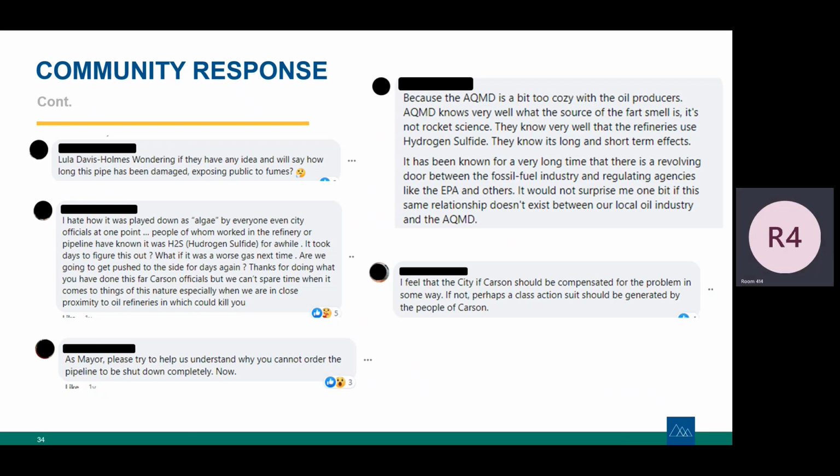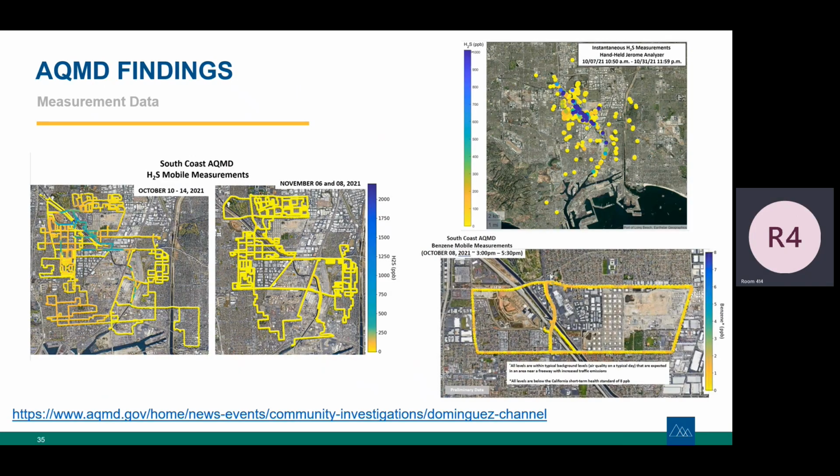Well, when you have a fenceline monitoring program and you're generating elevated concentrations of H2S at the fence line, where do people think it's coming from? AQMD, the last two presentations have been about mobile monitoring. Great stuff. AQMD has their own mobile monitoring vehicle.